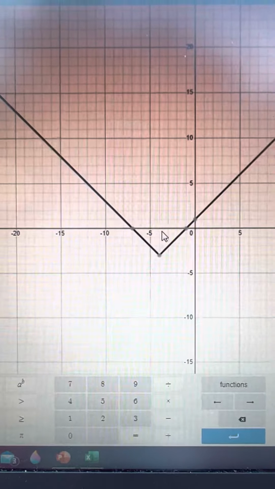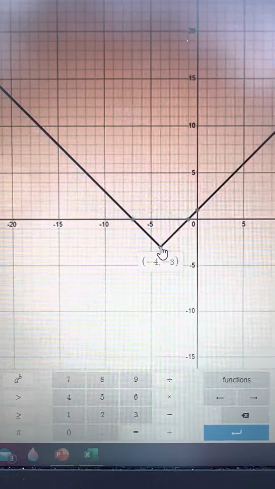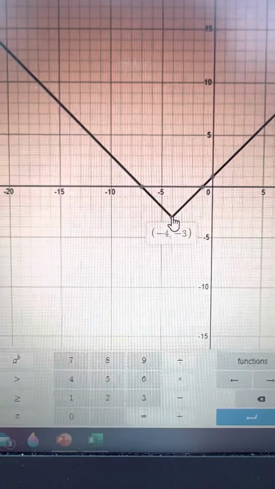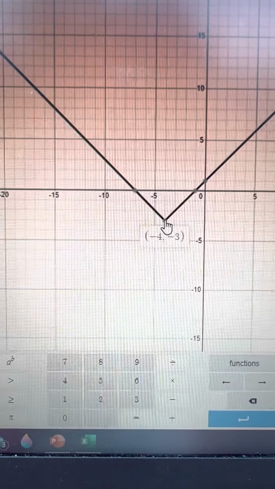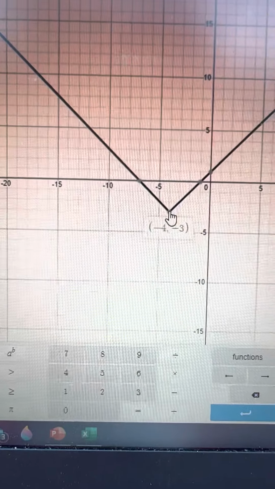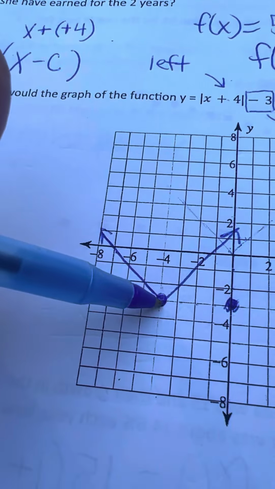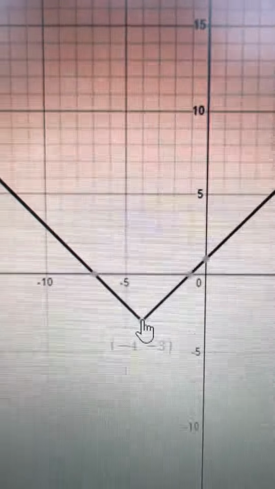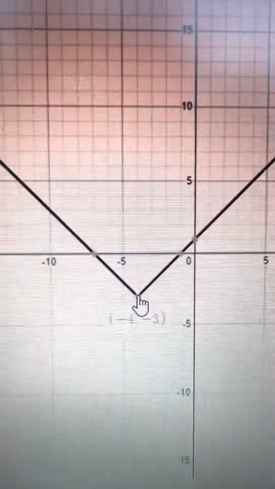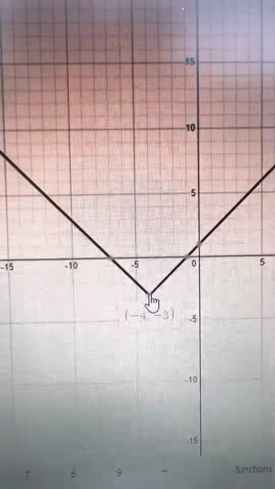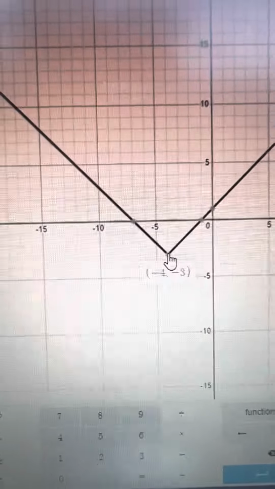My vertex here is at -4 and -3, which, as you already saw over here, there it is, -4, and then it's down 3 spots. So we can see that we have this exact same graph going up. Slope was 1 on this side, slope on this side is a -1. So we got our correct answer.